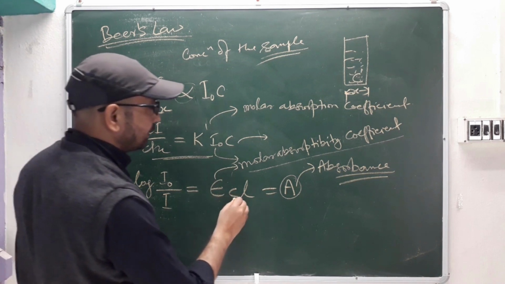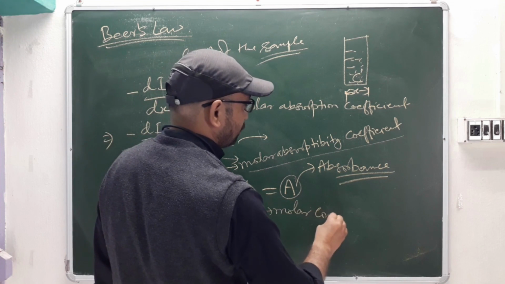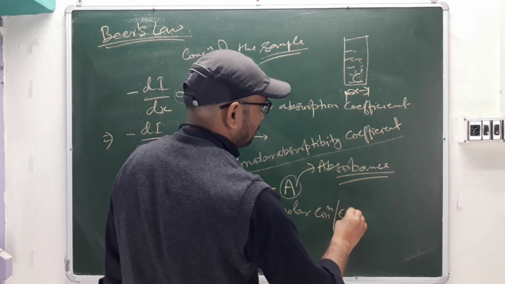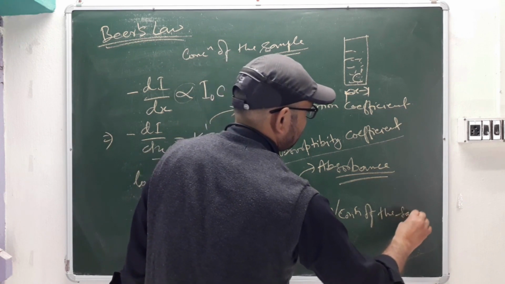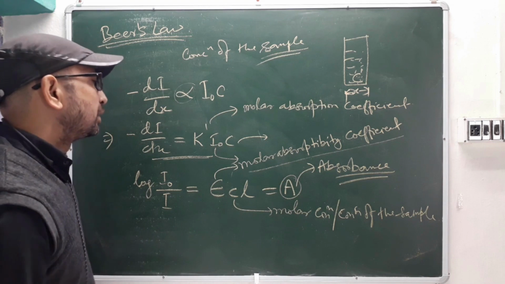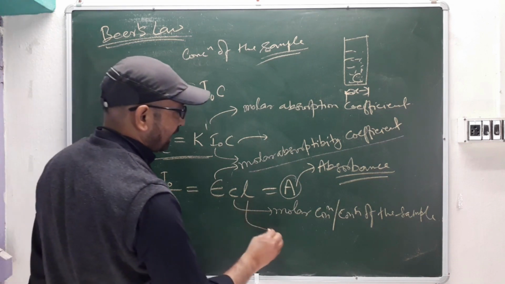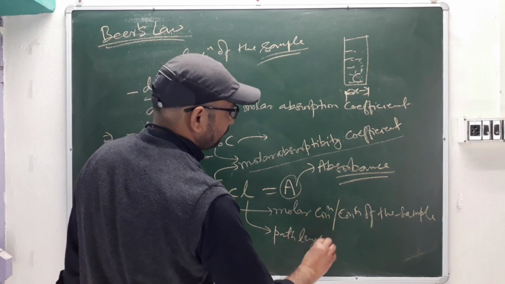So now this c is your molar concentration, or concentration of the sample. Not solution; it becomes a solution once the sample is dissolved. So concentration of the sample. What is L? L is the path length.